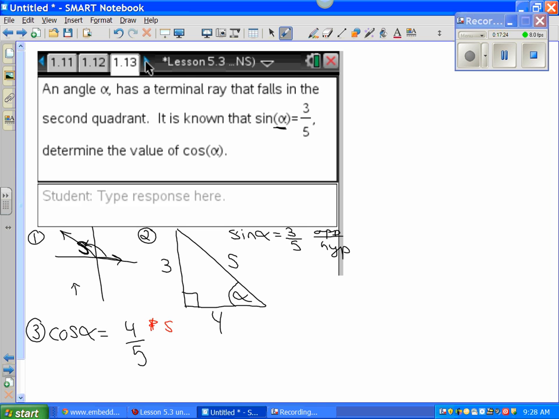Don't forget, check for the sign. What quadrant is this angle in? Second quadrant. What do I know about cosine in the second quadrant? It's negative. So cosine of alpha is negative 4/5. So you always have to go back and check to see if we're positive or negative. Okay? Always, always, always.